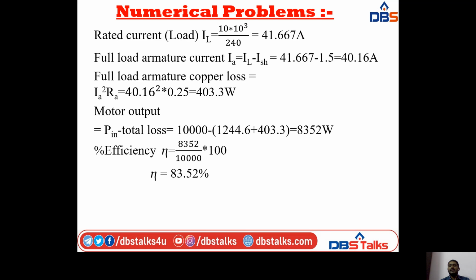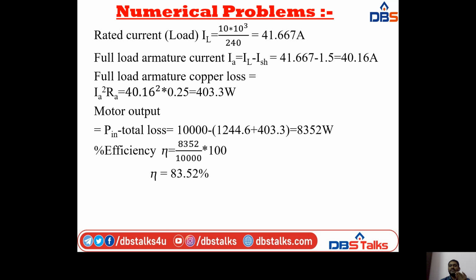Next we have the armature current. Previously we calculated the no load armature current, and now we have to calculate the full load armature current. The formula is Ia is equal to IL minus ISH.